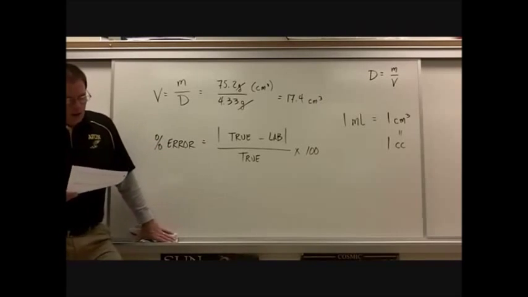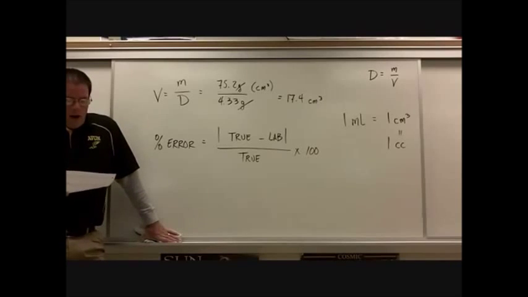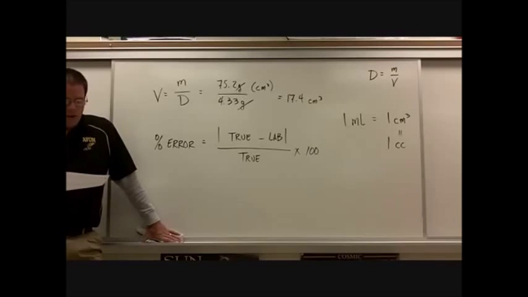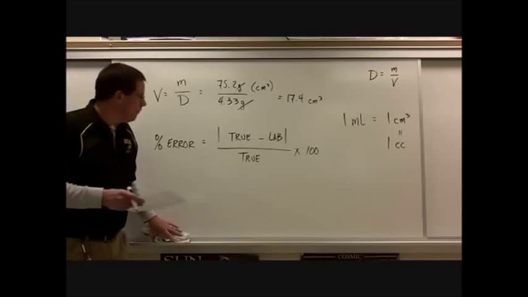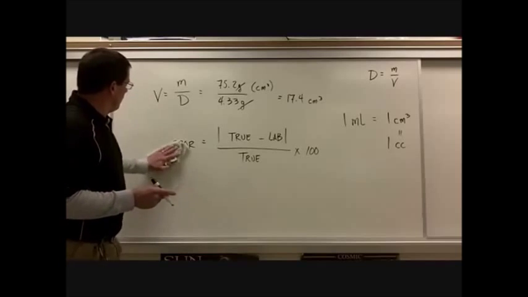Number 2 says, calculate the percent error for a measurement taken in the lab for the melting point of a certain pure substance. If the temperature was taken at 155.3 and the literature value, which is the true value, is 169.8. So I'm going to erase that.